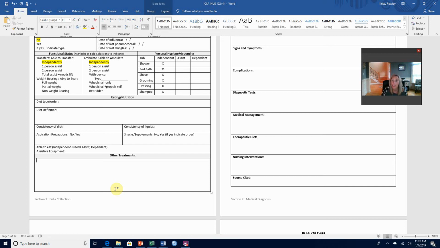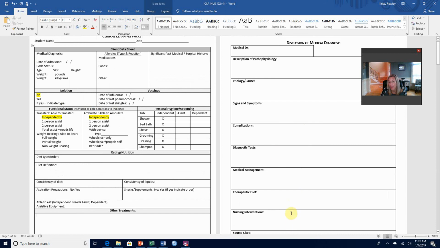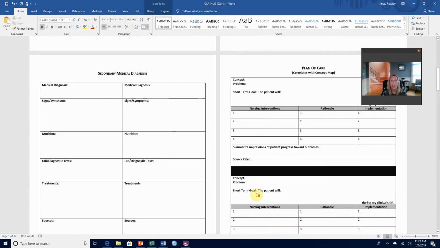Also elevate head of bed at all times or at least 45 degrees, or elevate arm, or cold compresses to an infiltration site, something like that. The discussion of medical diagnosis is the same. That comes directly from their textbooks, so they need to cite their source down here.